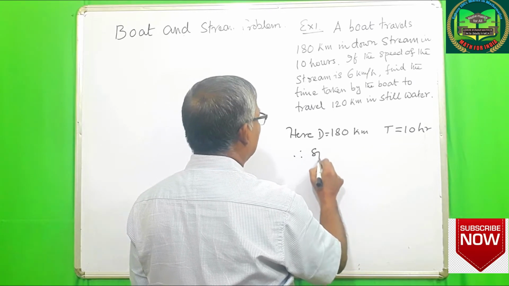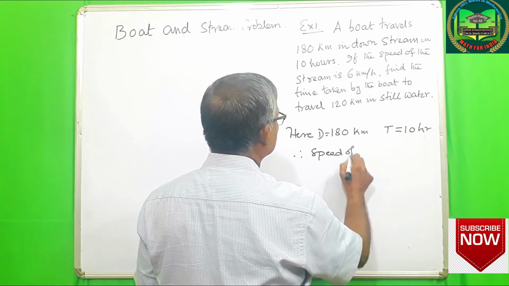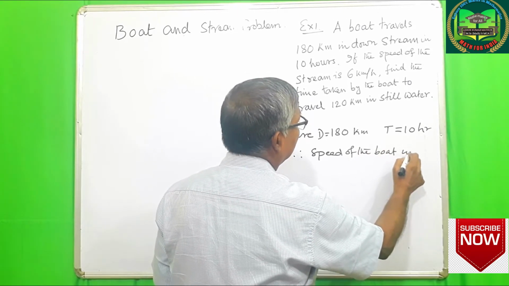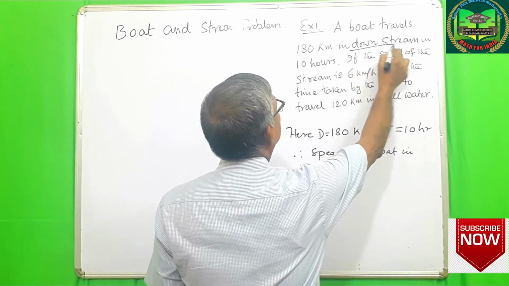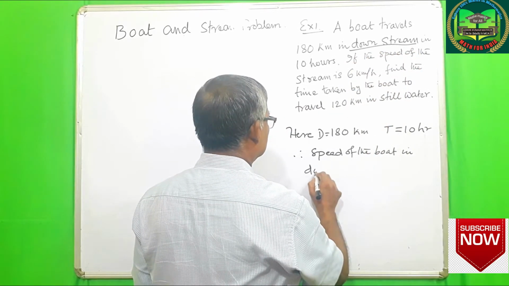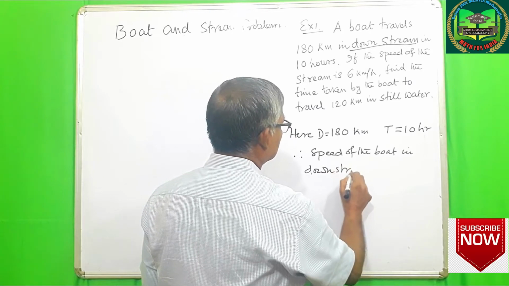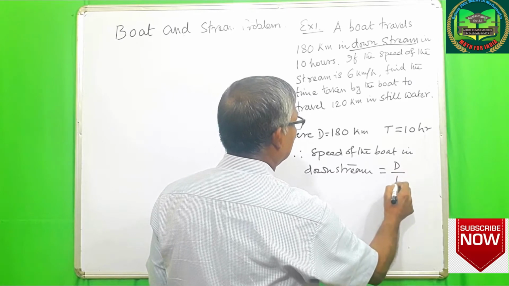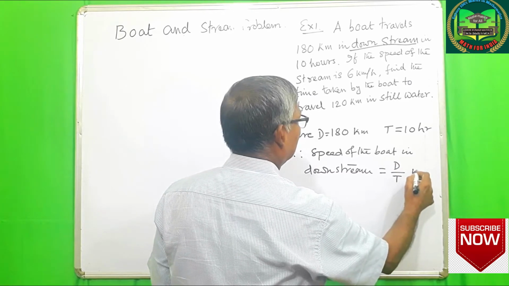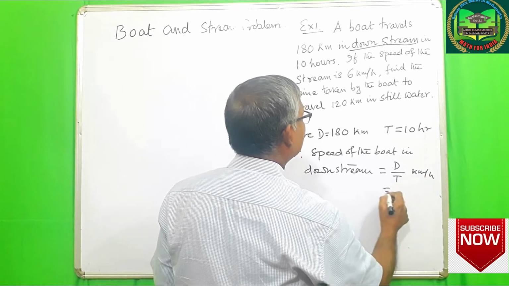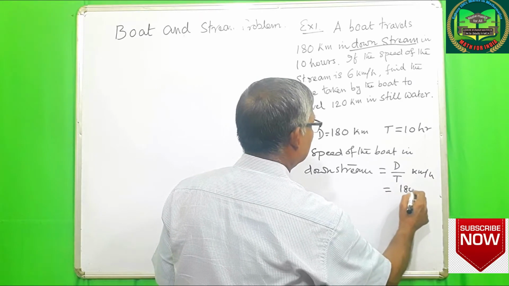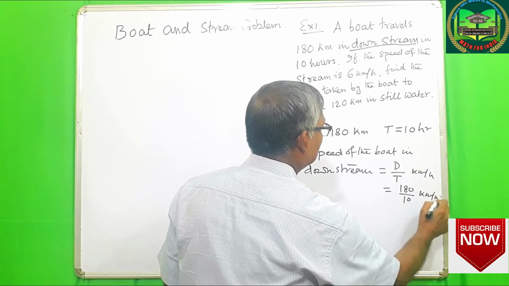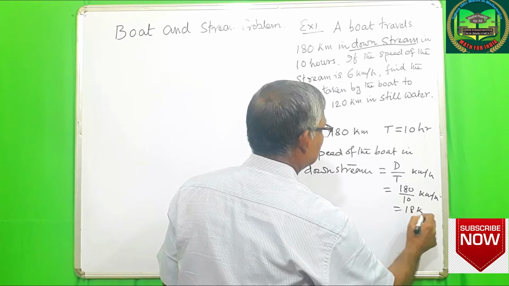Therefore, speed of the boat in downstream equals distance by time taken, kilometer per hour, that is 180 by 10 kilometer per hour, that is 18 kilometer per hour.